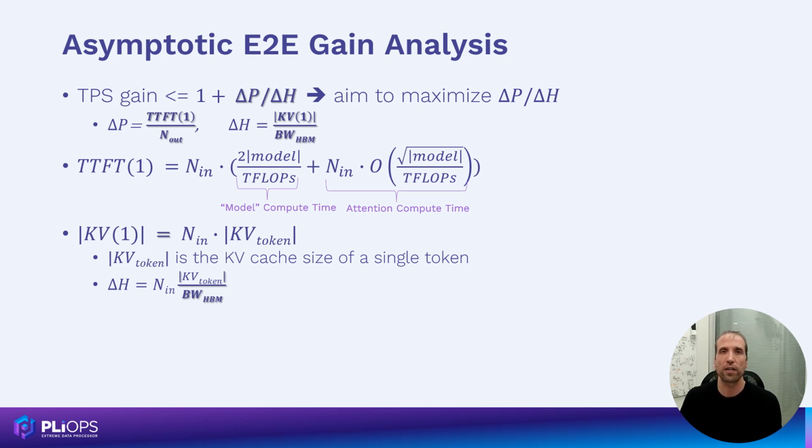Those terms are not arbitrary. They are dictated by the GPU, the model architecture, and the application workload. So to fully understand what drives end-to-end gain, we need to break down these contributing factors in more detail.